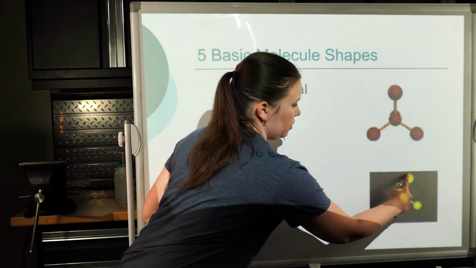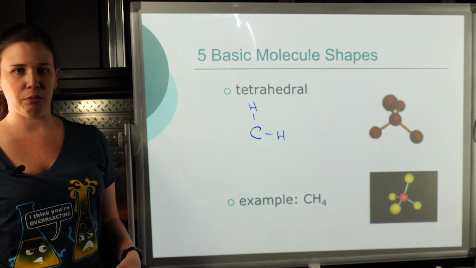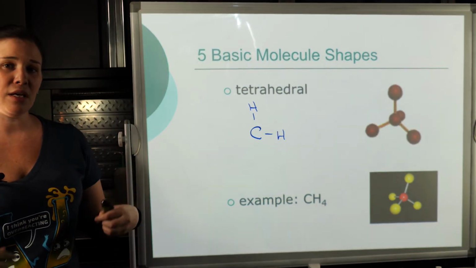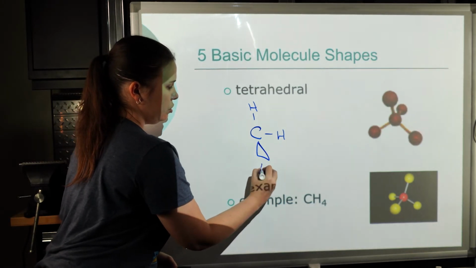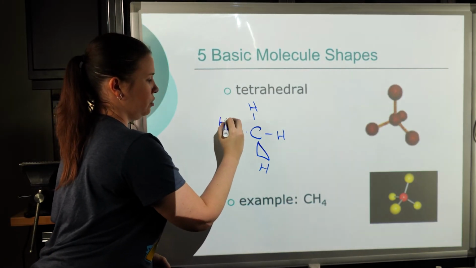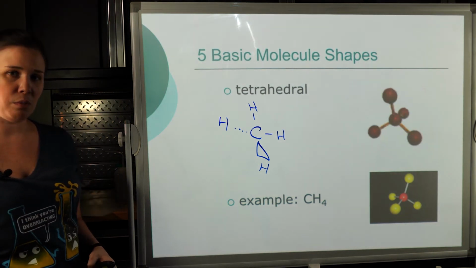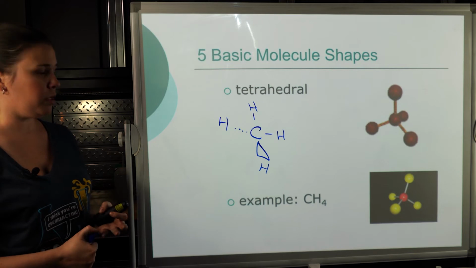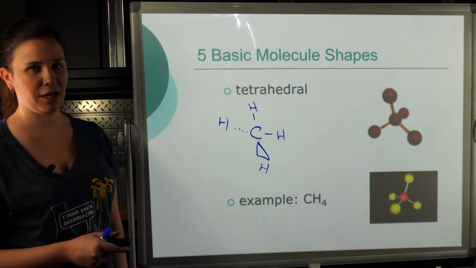I could have 3 things line up, but one's going to come towards you and one's going to go away from you. So remember, we use the wedges and the dashes to represent that. We'll have one wedge coming towards you and one dash going away from you. And that's going to allow us to represent the VSEPR shape of this CH4, which, by the way, is also named carbon tetrahydride with the 4 hydrogens.